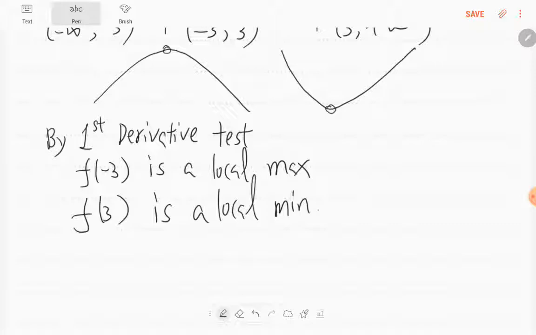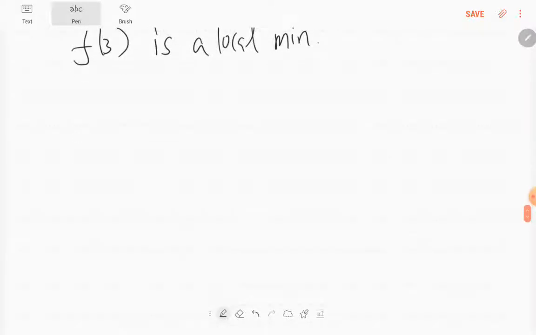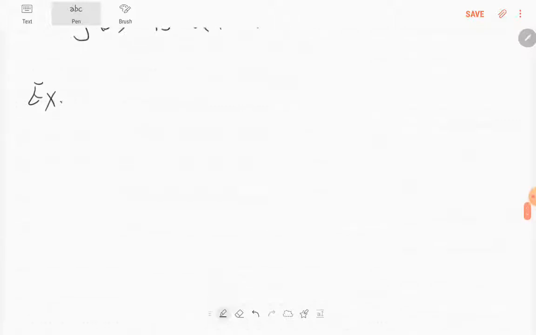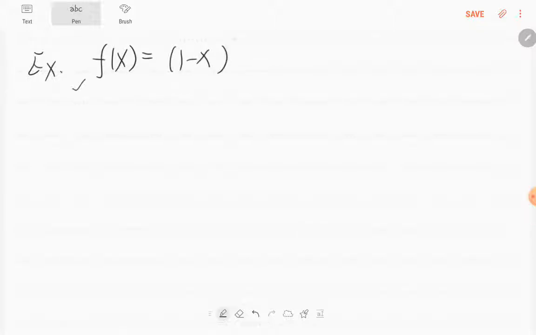Okay, so now let's look at another example. This is the example, f of x equals 1 minus x to the 2 over 3. So we still need to find the critical points, so we take the derivative. We use the chain rule, right? 2 over 3 times 1 minus x to the 2 over 3 minus 1. So this is the outside function, the power 2 over 3.